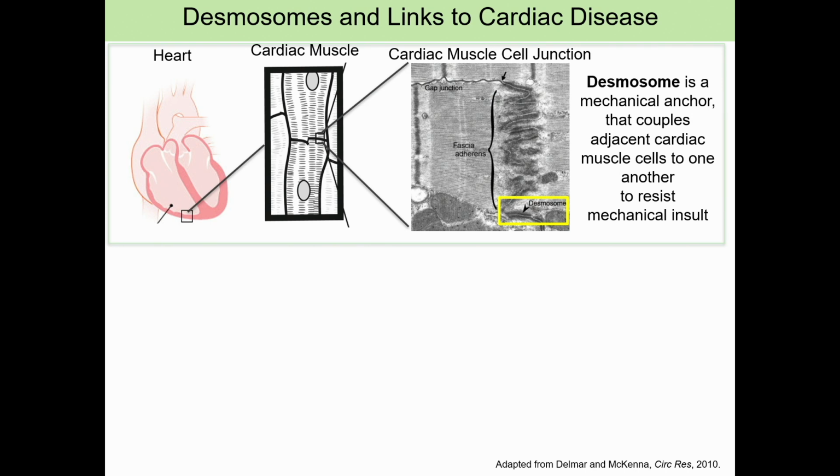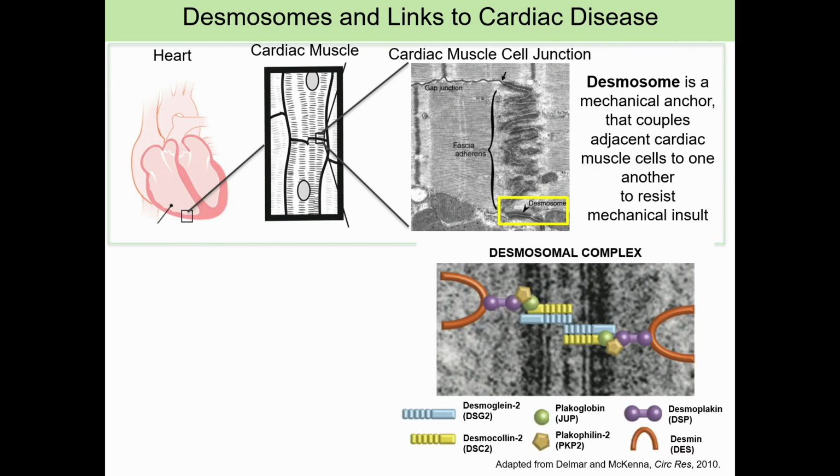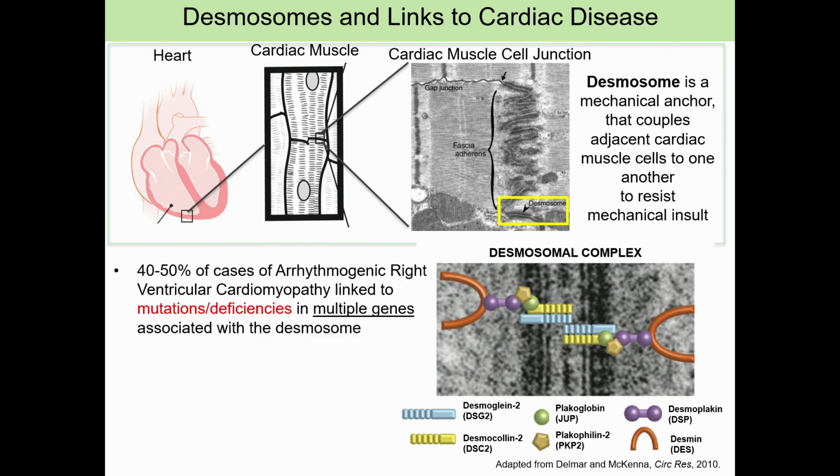Now, classically, when we think of diseases of the desmosome, we zoom in to the desmosomal complex and you see all of these proteins. 40 to 50% of cases are classically linked to this very detrimental disease called arrhythmogenic right ventricular cardiomyopathy.